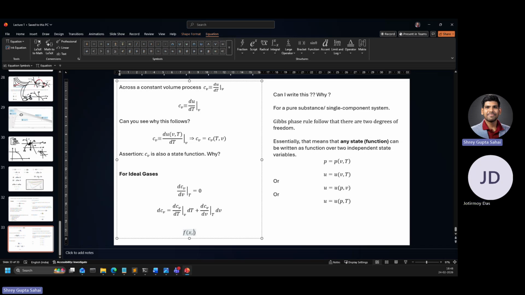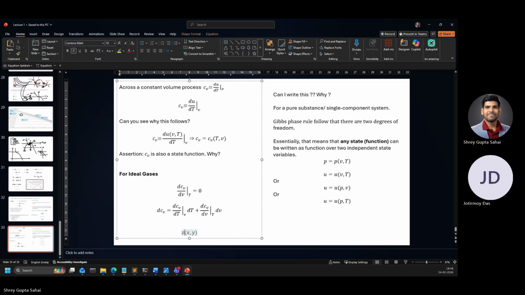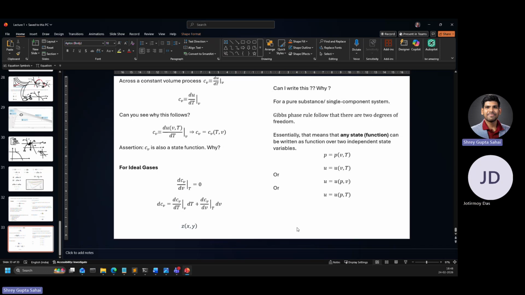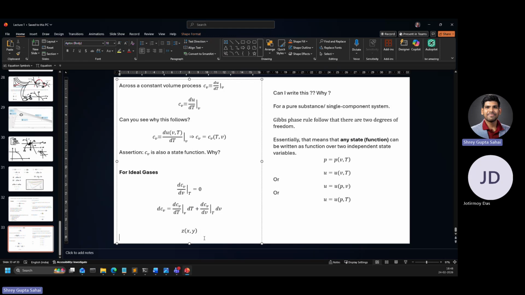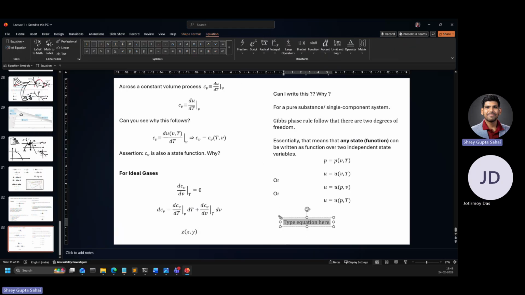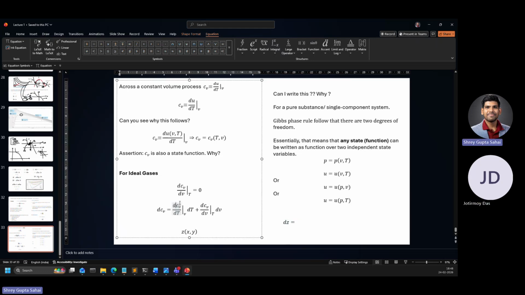If z is a function of x comma y, then this thing follows. What have I written? I have written dz is equal to, actually, we don't write d, we write the partial derivative.